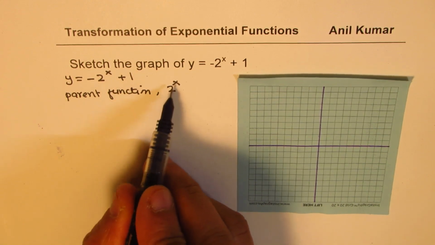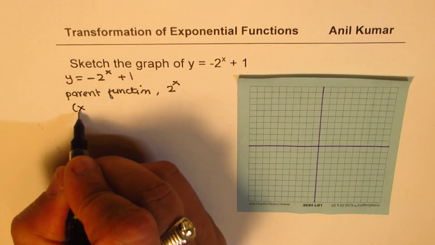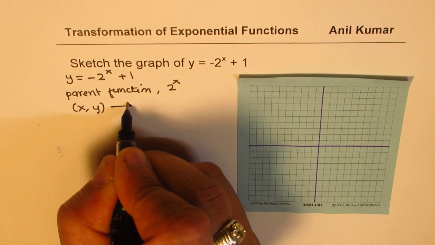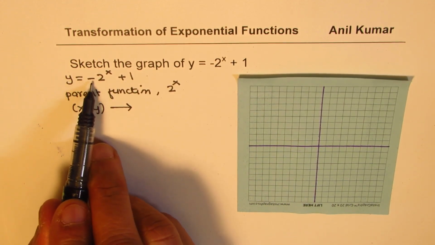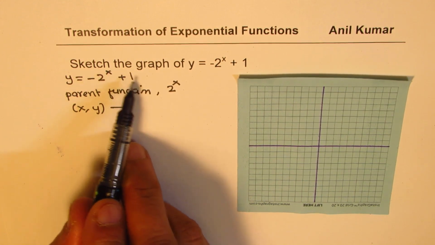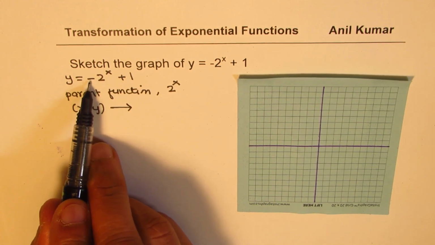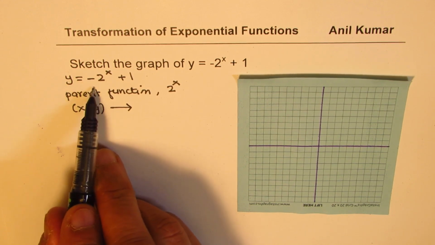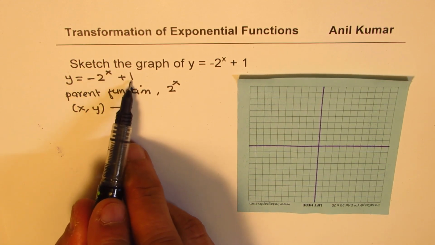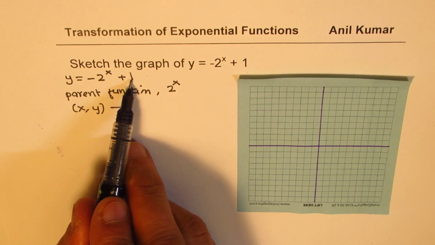Now here, what do you think is the mapping for transformation? If the parent function is 2 to the power of x, any coordinate point x, y will get transformed to what when we are considering y equals minus 2 to the power of x plus 1. Now this minus means the reflection on the x-axis, the y value becomes negative. And then plus 1 means moving the graph 1 unit up.